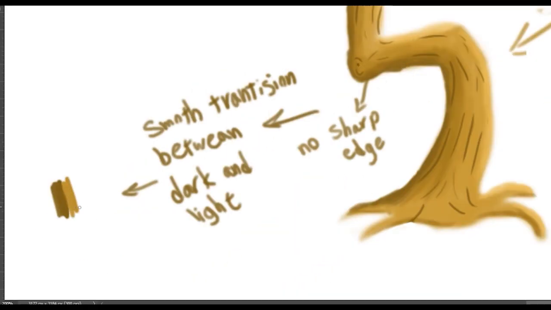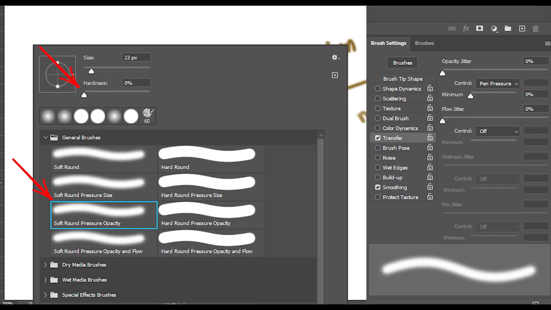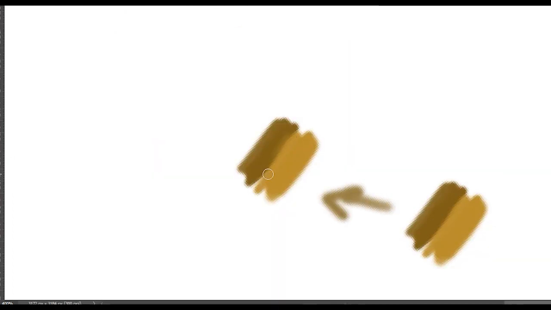If you look at this example, I have two colors. I want a soft transition between this color. Fortunately, by activating transfer in brush setting and set the control to pen pressure, you can gradually mix two color to each other.